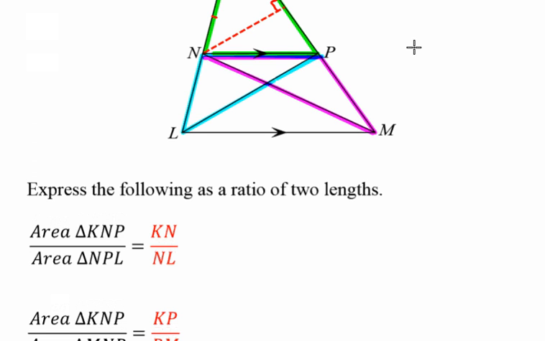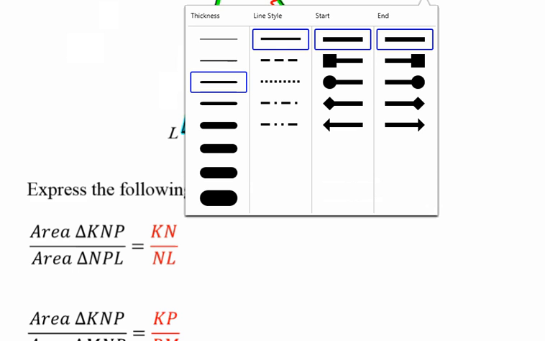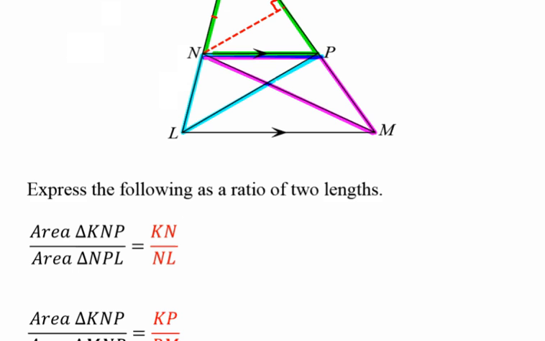They're going to have exactly the same altitude. If you have a look at the altitude here, again, let's get our red line in. The altitude for both of these, if that's the base, then this will be the altitude for the one, and here's the altitude for the other.